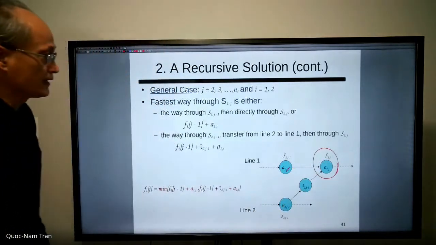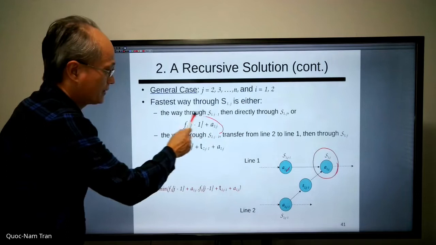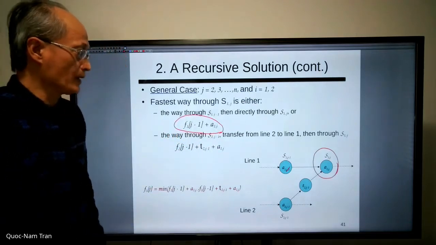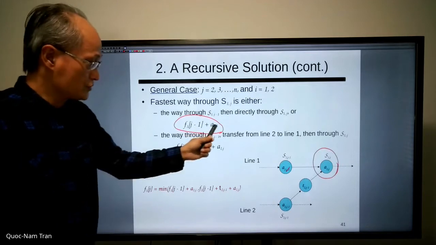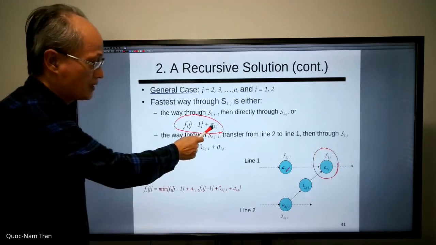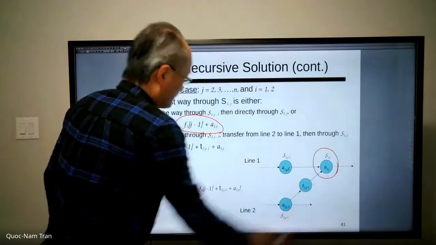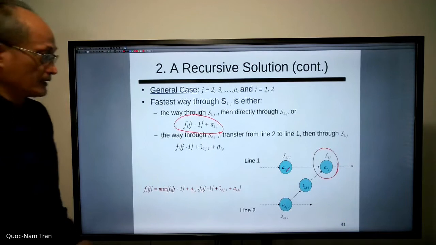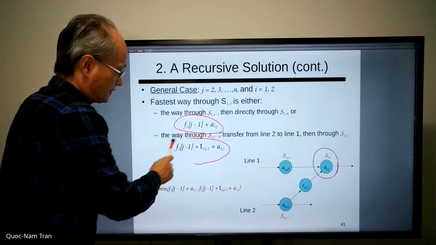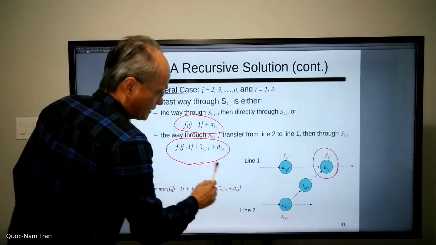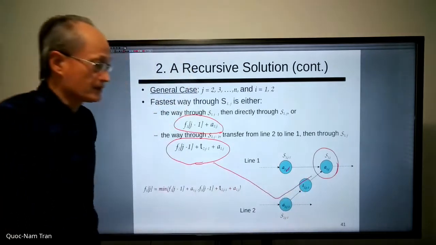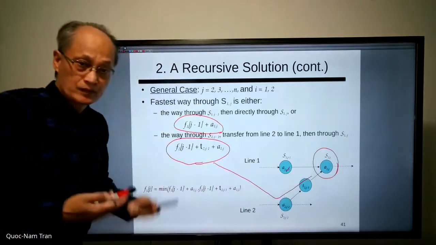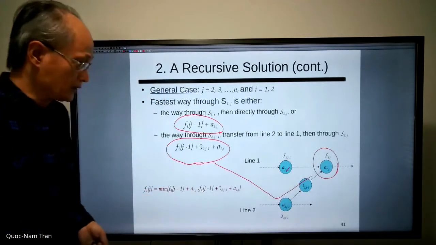So that said, it will be F1,j minus 1 plus A1j, where j is the value at the current position, right? Okay. Or this one, right? So either this one or this one, whichever is smaller, all right?